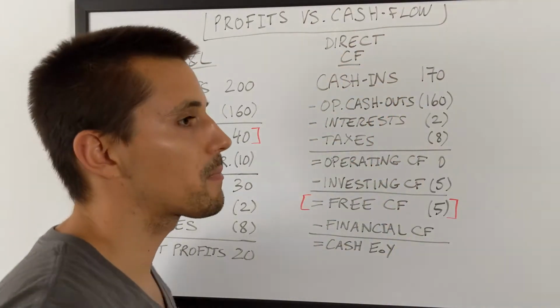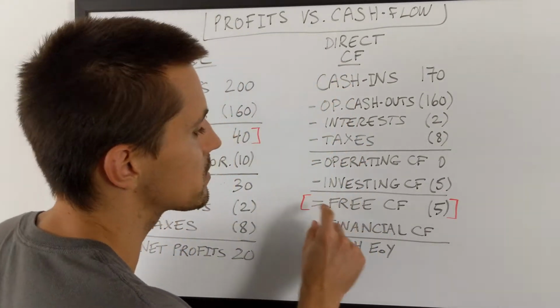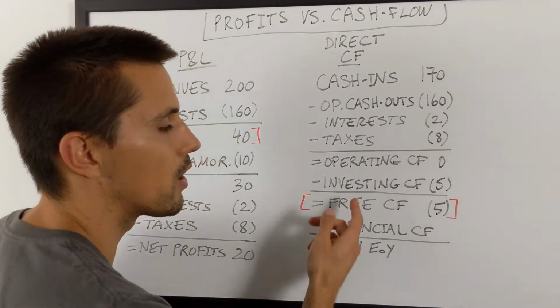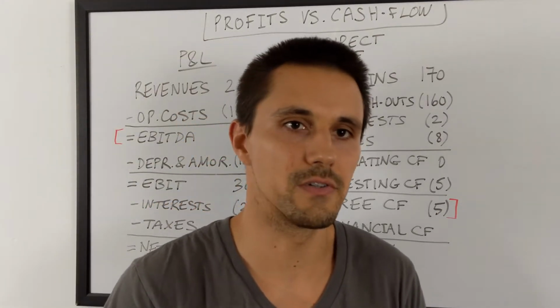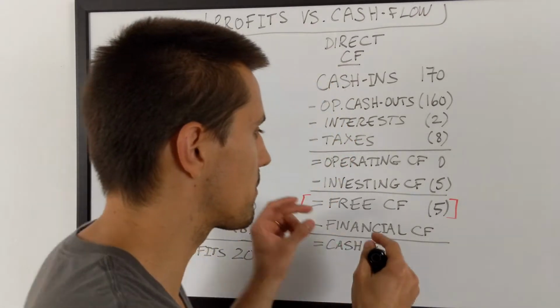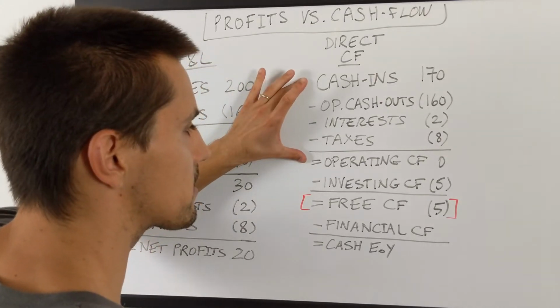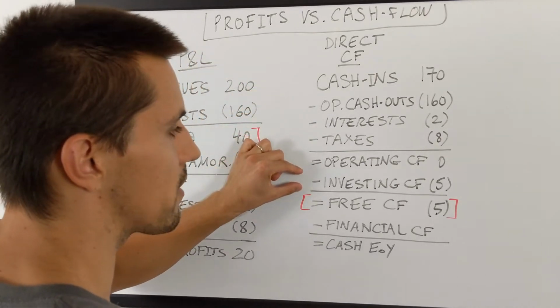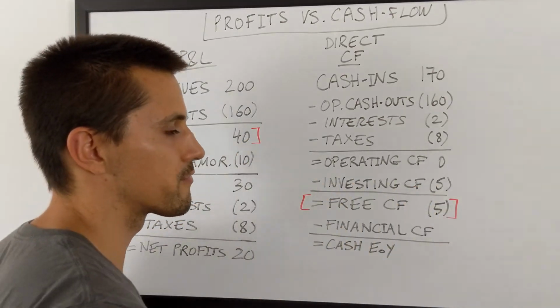So in this case, when people talk about cash flow and cash generation, they're always talking about free cash flow. Why free cash flow? Because it's a very pure measure of the cash generation of a company. Think about it. When you talk about free cash flow, you are talking about operating cash flow minus what you have invested, so the investing cash flow, and this leads to your free cash flow.